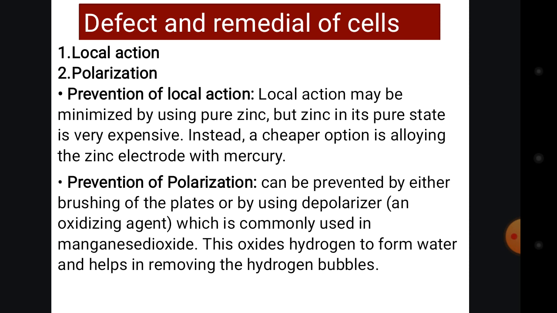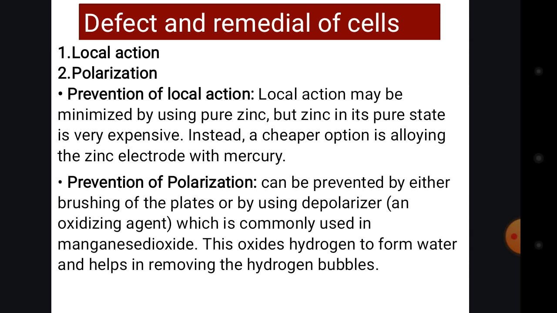Any of those cells, whether primary or secondary, can have this kind of defect. And the remedial is the way of preventing that defect or fault.